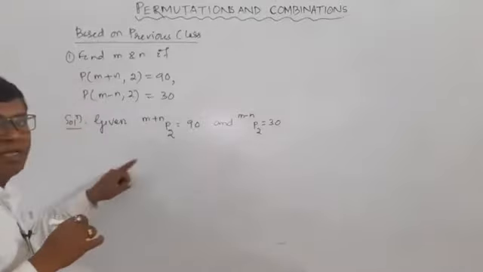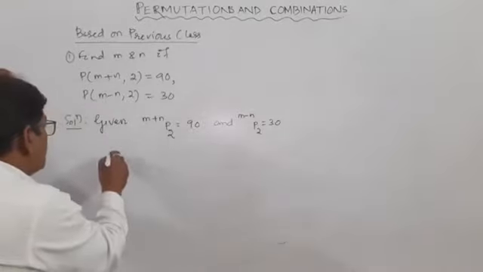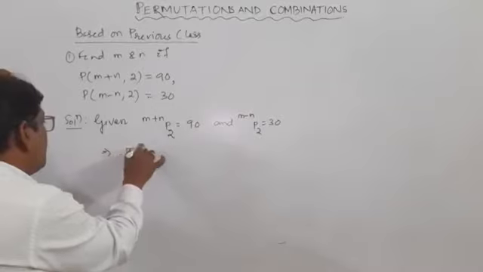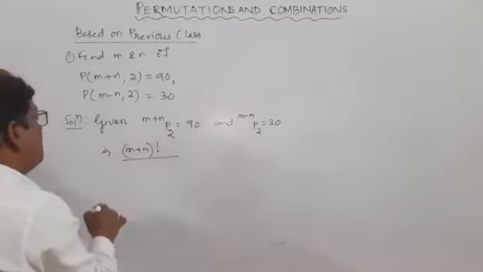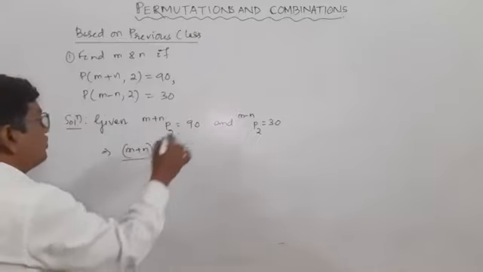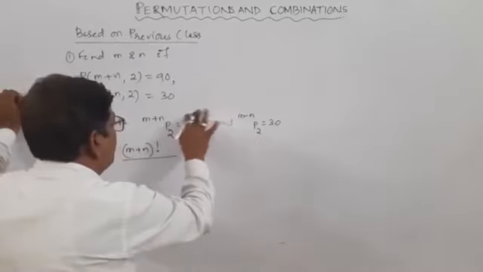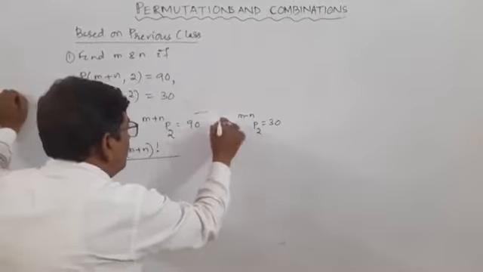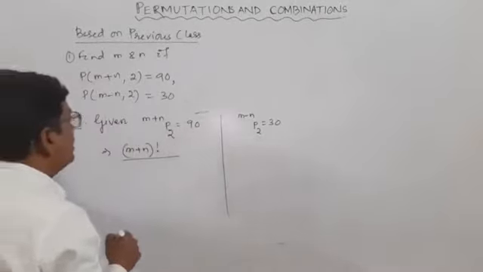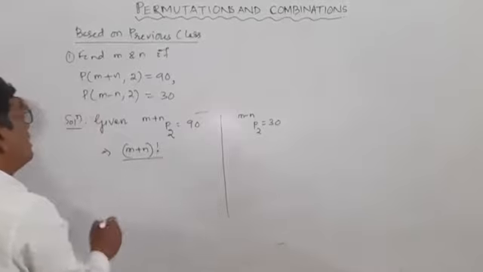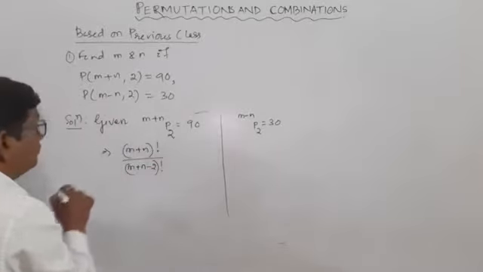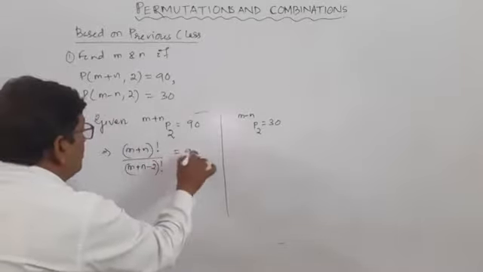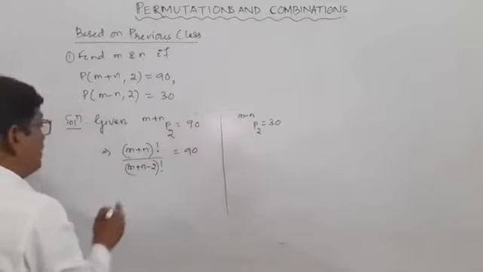Now apply the formula for nPr. That implies (m+n)! divided by (m+n-2)! is equal to 90. Got it?